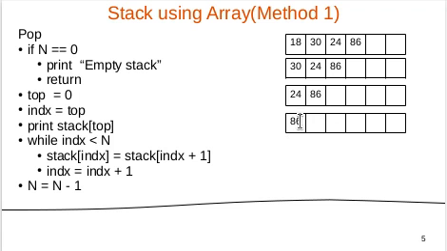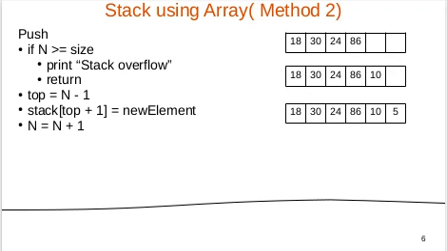Then again 86 will be deleted, there will be a blank stack. When there is a blank stack, n will be 0, then it will go into this if portion, stack is empty, then return from this function. So this way we can pop using method 1.